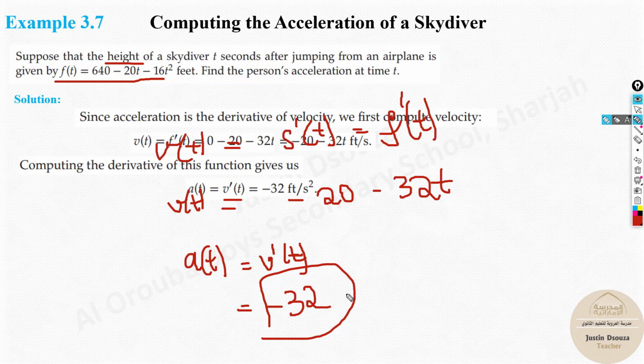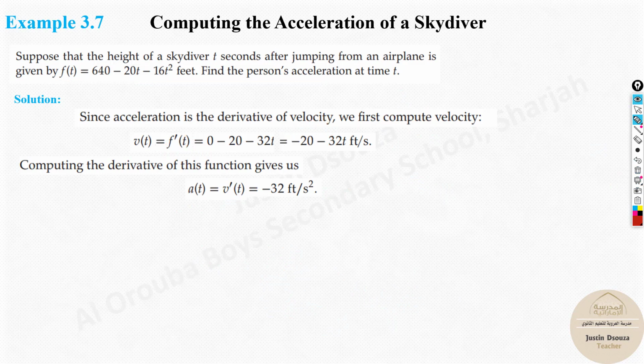Here they have told feet, and time is seconds, so it is feet per second squared. One important thing to understand over here, feet per second squared. Why? Because it's acceleration. If it was velocity, it would be just feet per second. So this is the answer, minus 32 feet per second squared.